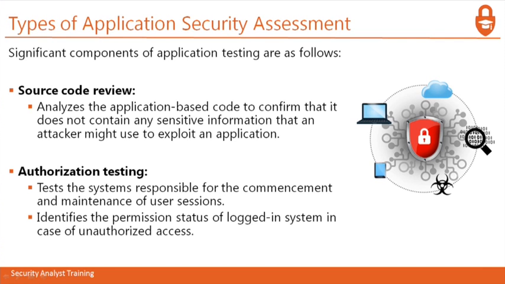A source code review basically helps to ensure that an application does not contain any important information that an attacker might use to exploit your system or your application. For instance, clearly available application code may include your test comments, names, or clear text passwords, which can reveal essential data or access or information about the application to the intruder. So it's very vital that you mask all these or take them out.